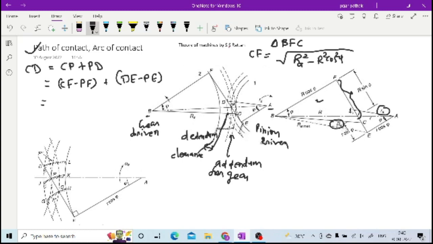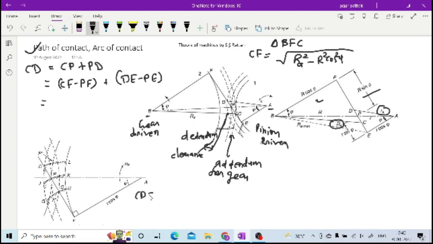If you see here, actually this P is not that visible. Now PF is nothing but R sin phi, as it is mentioned here only, right? R sin phi. So I am writing this here.